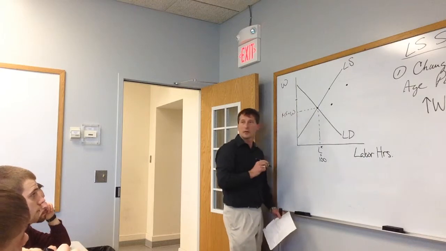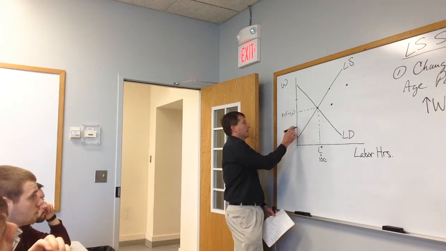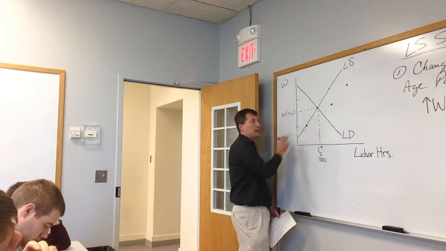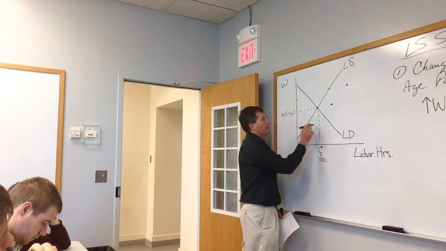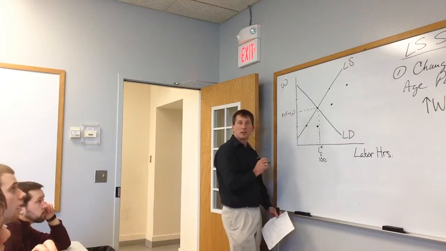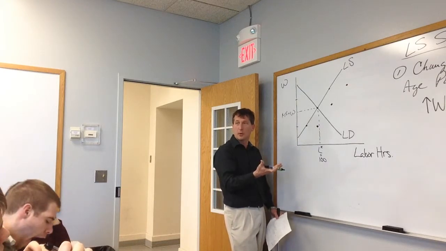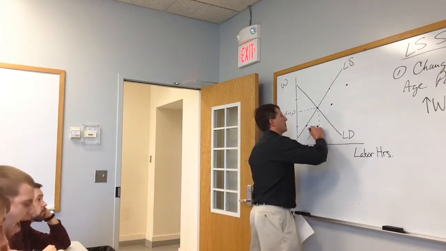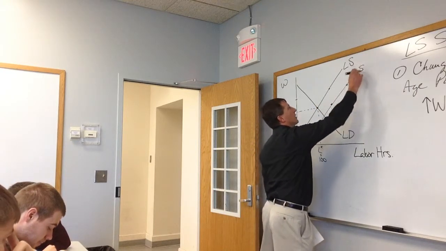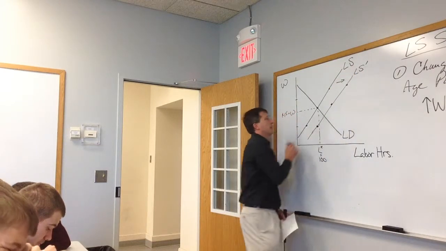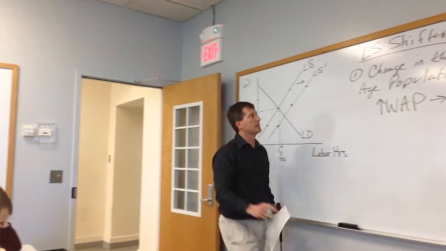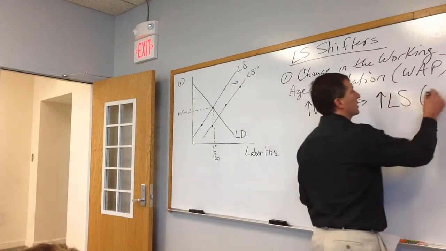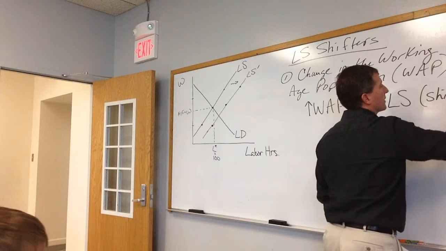At $7.50 an hour, there used to be this many, and now there's this many. Just from a sheer numbers standpoint, the population has grown, and so that supply curve has relocated itself to the right. So an increase in the working age population leads to an increase in the labor supply curve, a shift to the right.